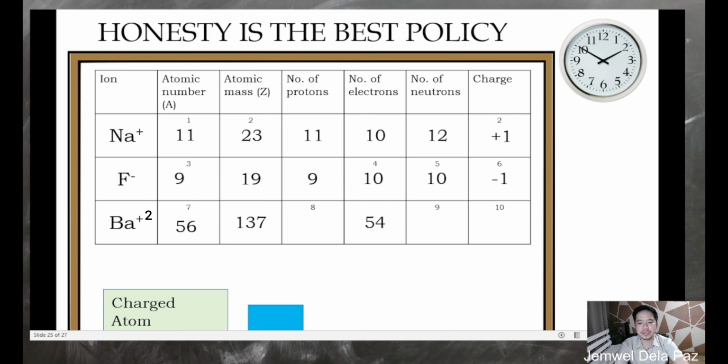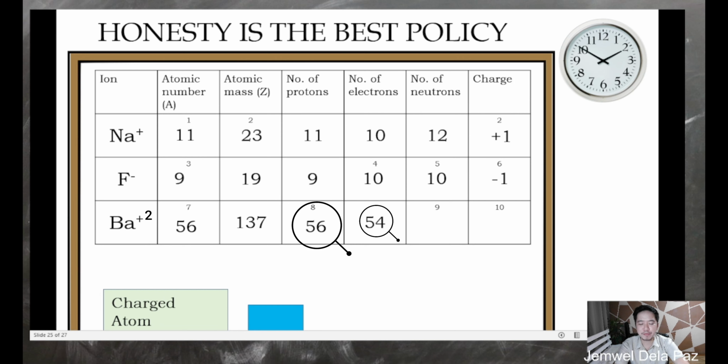How about the number of protons? Since you know already that whatever the atomic number of an ion or element is, it is always the number of its protons. Therefore, the number of protons is 56. As you can see here, the number of protons and number of electrons are not the same.